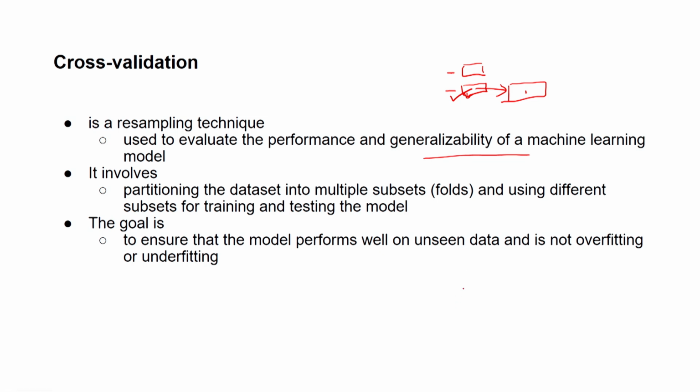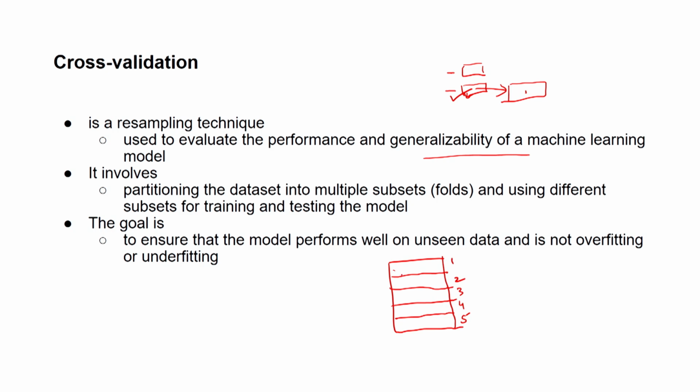So, basically we can say that if this is a data set, in case of cross validation, we divide this data set into equal subsets or folds. Suppose this data set is divided into 5 subsets, so there are 5 folds.